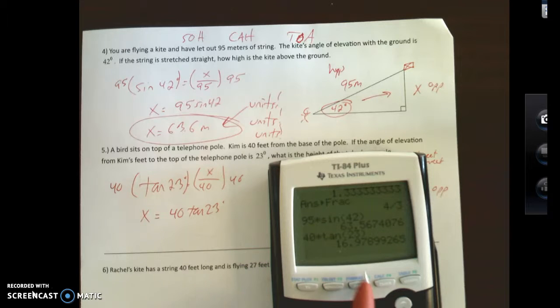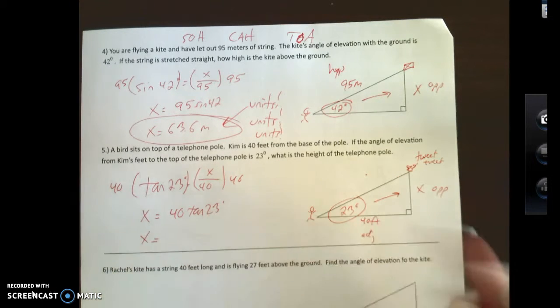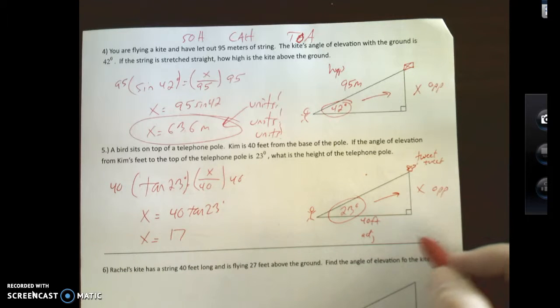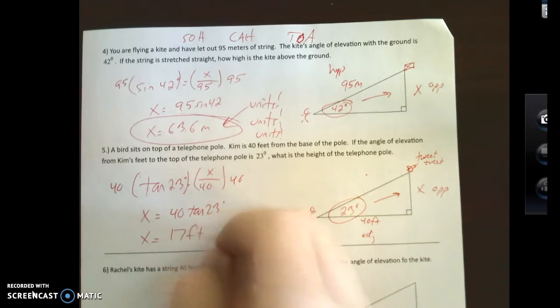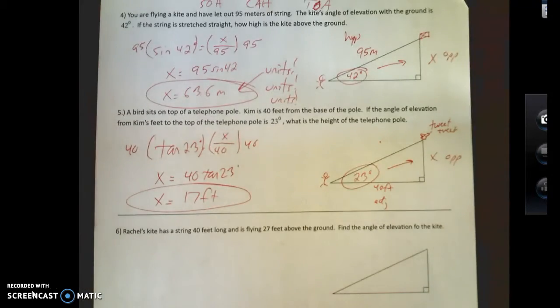Careful here because this rounds up, so if I round to the nearest tenth, that bumps it up, and this would just be 17. And we're talking about feet here.